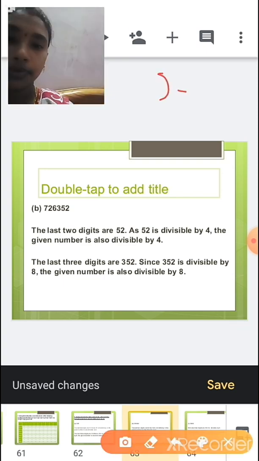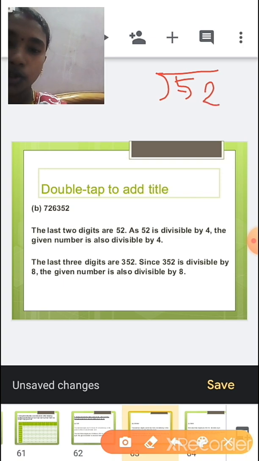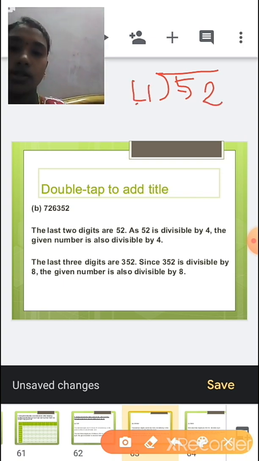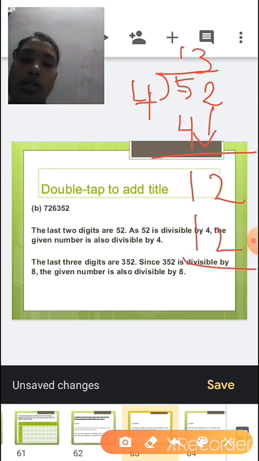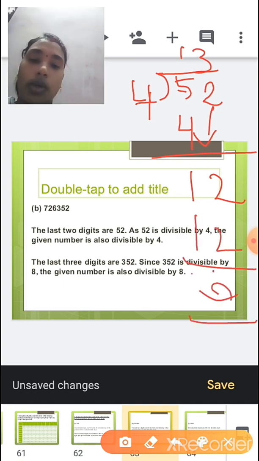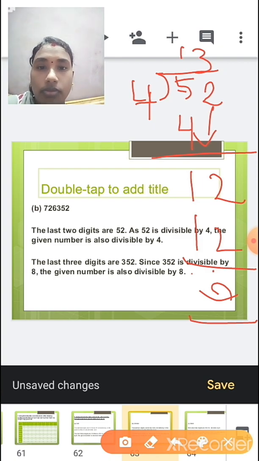Let us check. 4 ones are 4. Bring down the 2. So 4 3s are 12. So it goes exactly. So 52 is divisible by 4 and the last two digits are 52. As 52 is divisible by 4, the given number is also divisible by 4.